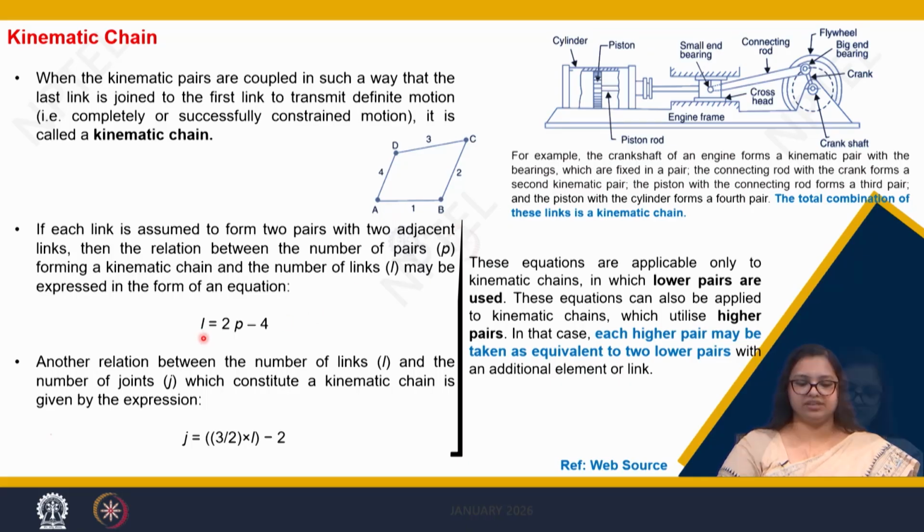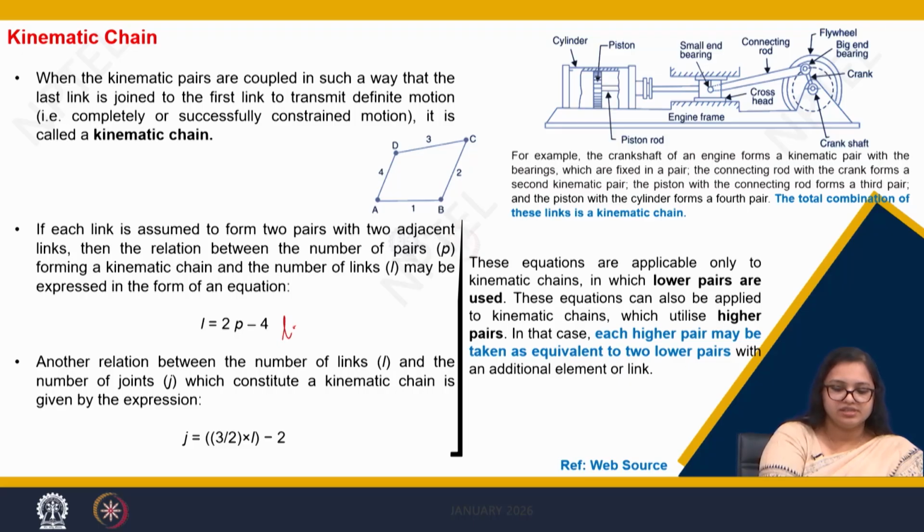As we see here, the number of links is 4 and the number of pairs is: AB and BC is one pair, BC and CD is another pair, CD and DA is another pair, and the last pair is DA and AB. So we have 4 pairs.